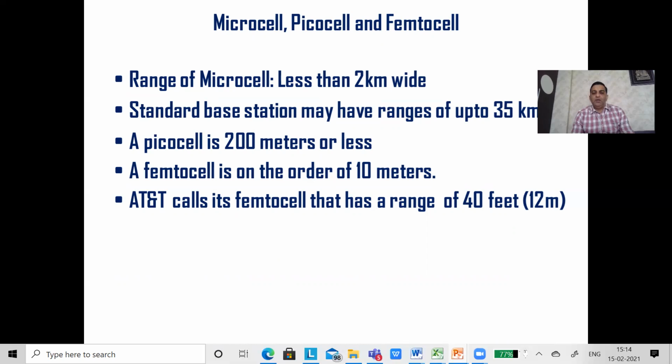AT&T calls its femtocell one that has a range of 40 feet, that means 12 meters. So the femtocell is the smallest cell in cellular networks, which has a very small range for communication. Then the picocell is bigger than the femtocell, and the microcell is bigger than the picocell.